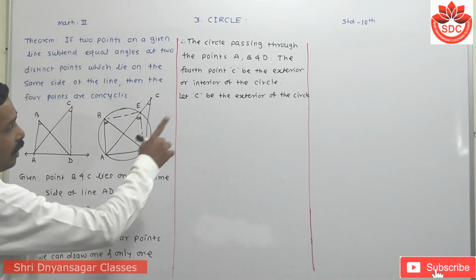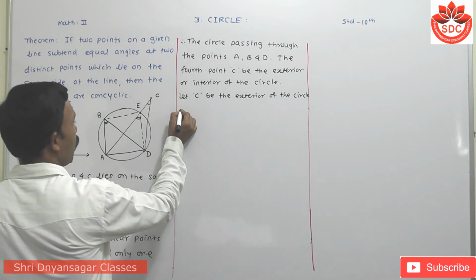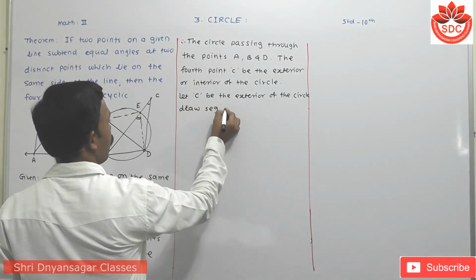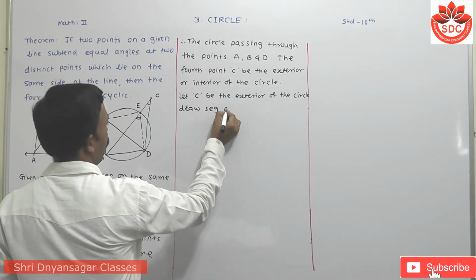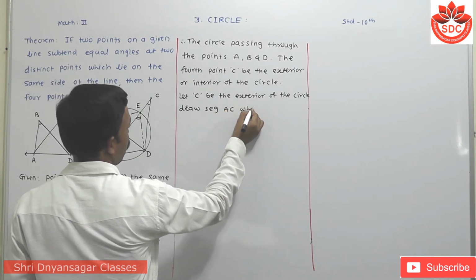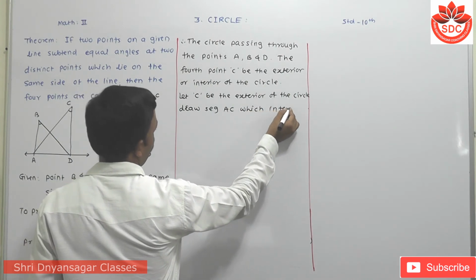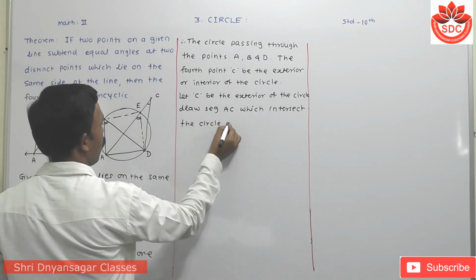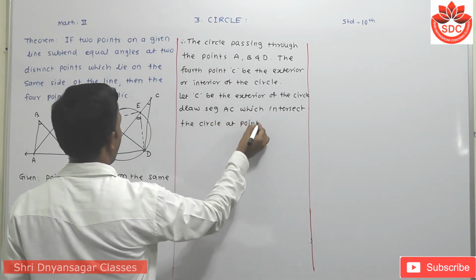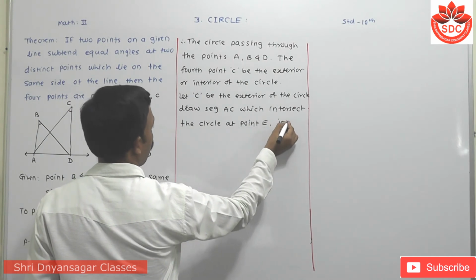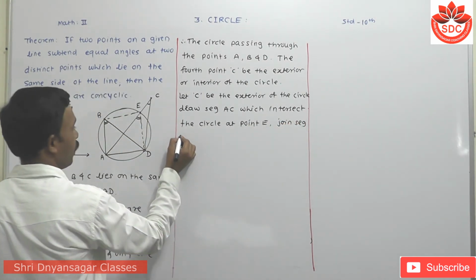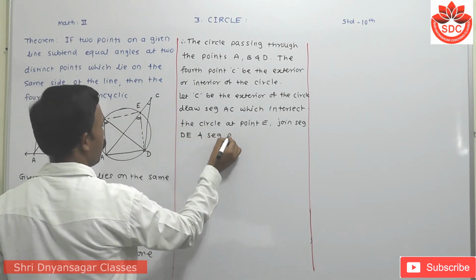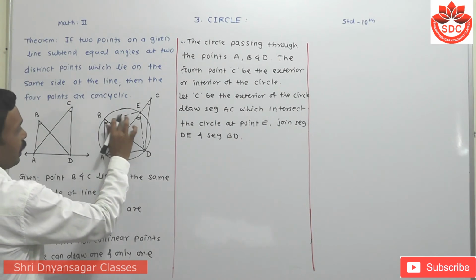So here exterior of the circle, then draw segment AC which intersects the circle at point E, join segment DE and segment BD. इथे B join नाही केला तरी चालेल.